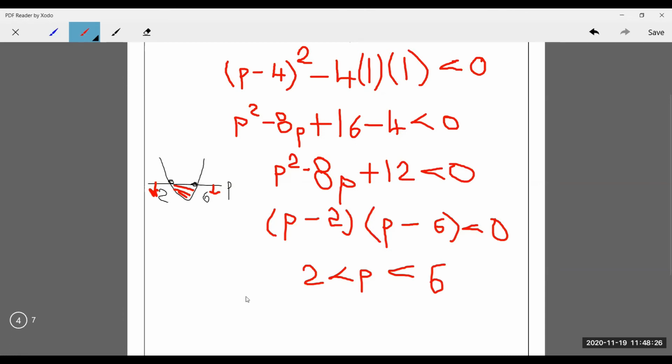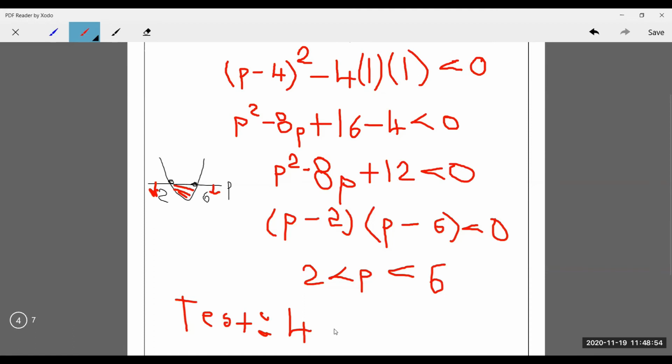Now you can always test your solution. For example, if you were to try P equals 4, we're using a number between 2 and 6. If you use 4 right here, you get 4 squared minus 8 times 4 plus 12, and I tell you that that's less than 0.